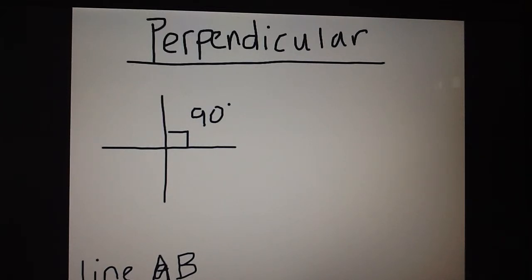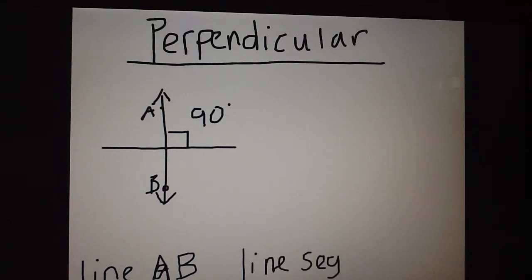A line has what on the end? Arrows, yep. And there's A, and this is B. So line AB is perpendicular to line segment CD. So let's make this our line segment CD.